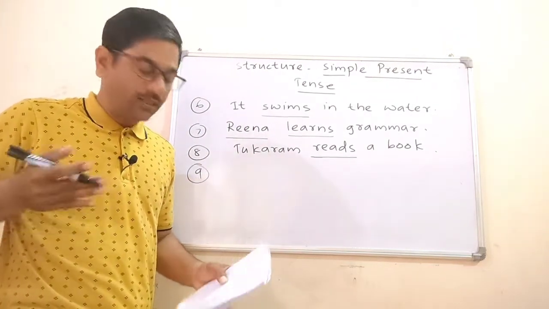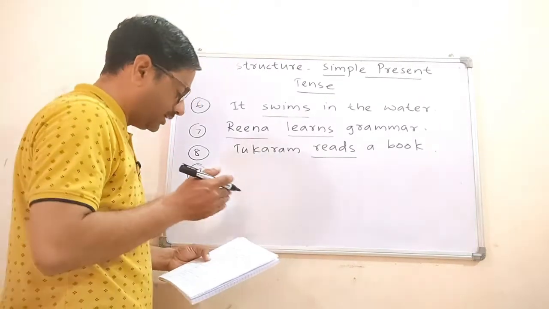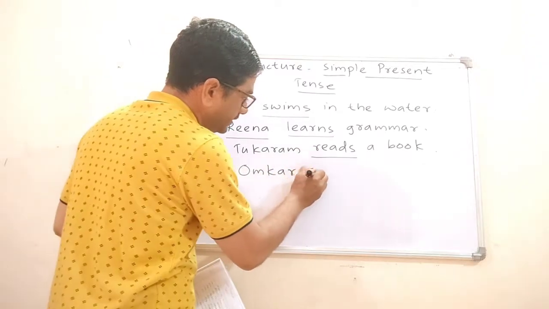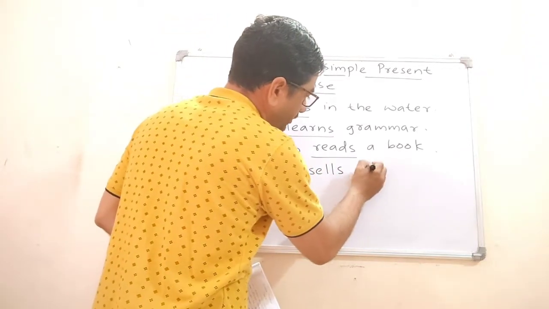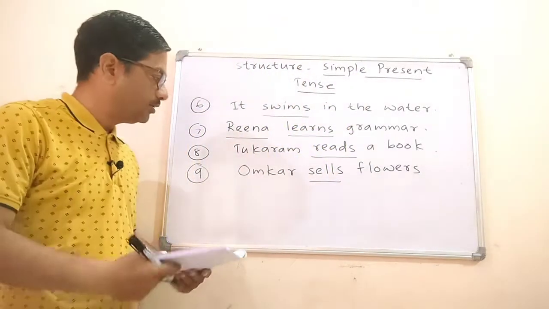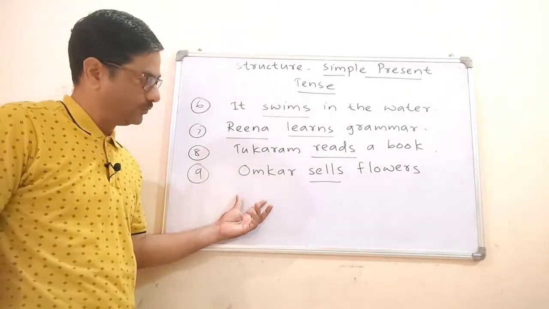Tukaram reads a book. Here also Tukaram is a singular noun, that's why the s form of the verb. Omkar sells flowers. Here also the s form of the verb, because Omkar is a singular noun.